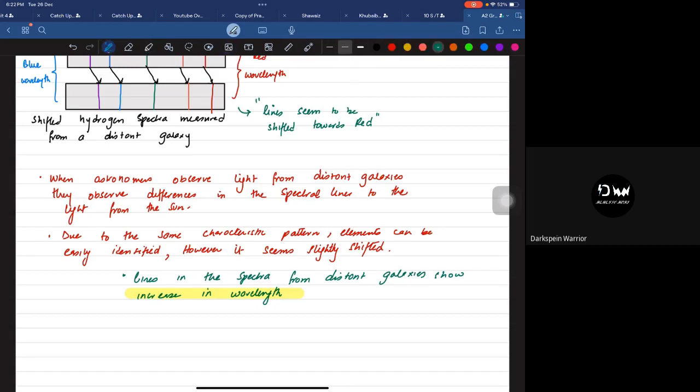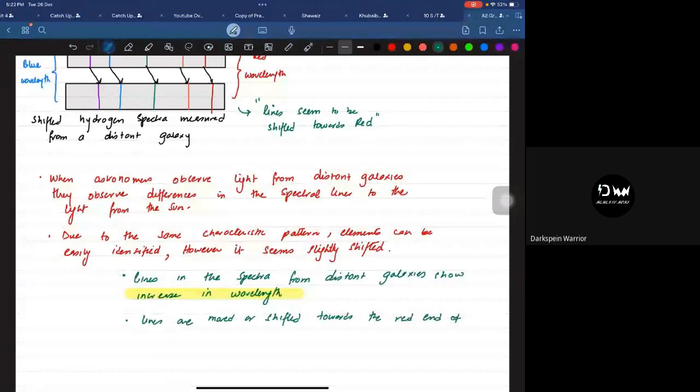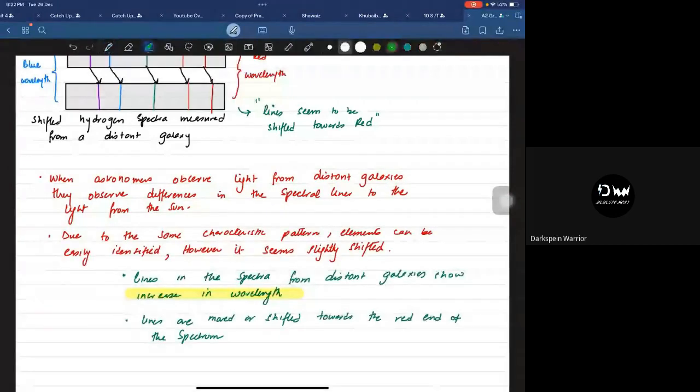Number two, lines are moved or shifted towards the red end of the spectrum. So these are the keywords that you need to be aware of.